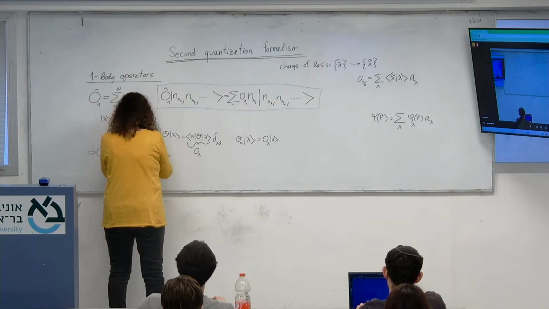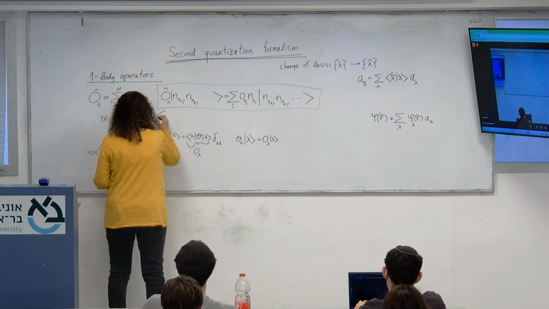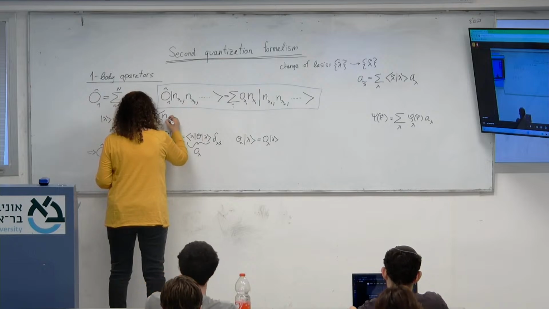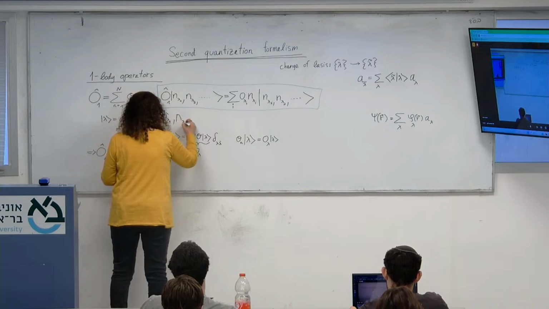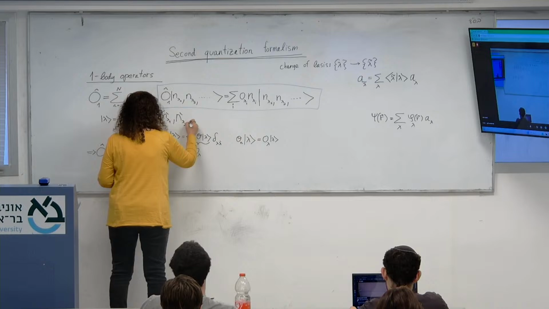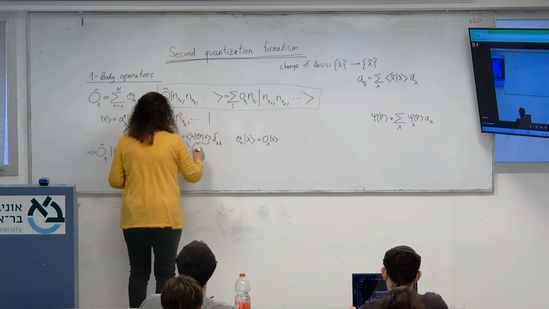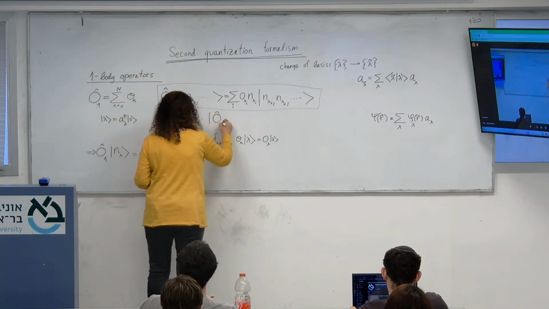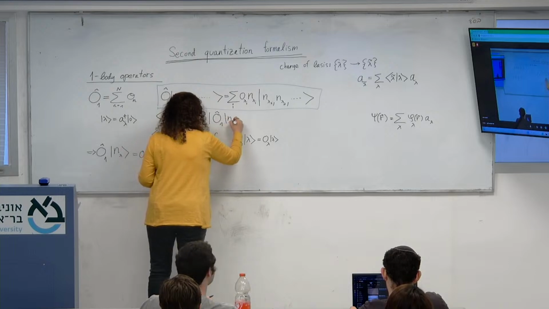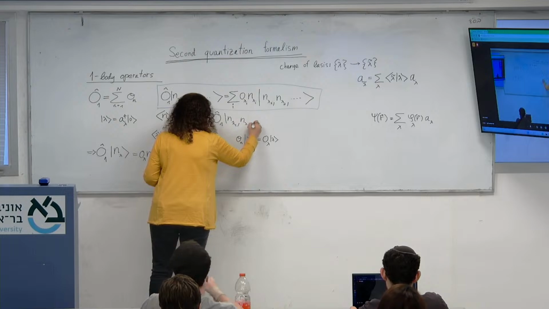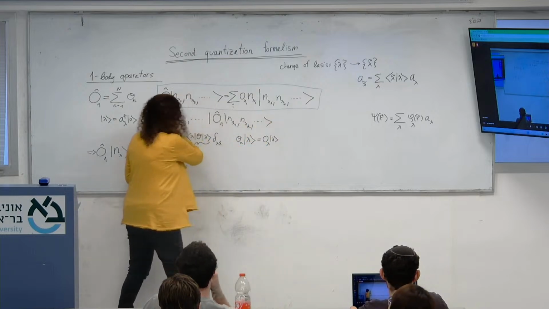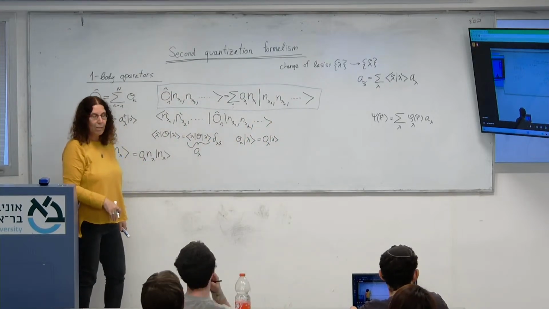A matrix element in Fock space is a sandwich between some n prime lambda 1, n prime lambda 2, and O1 with this one. Okay, this is the most general matrix element.